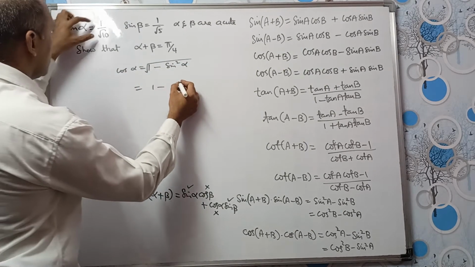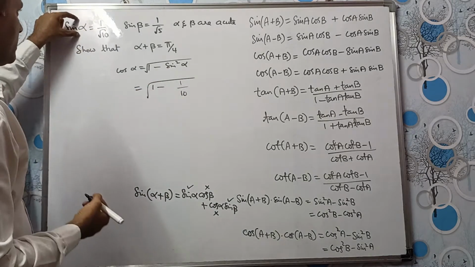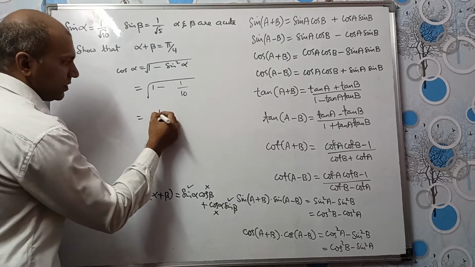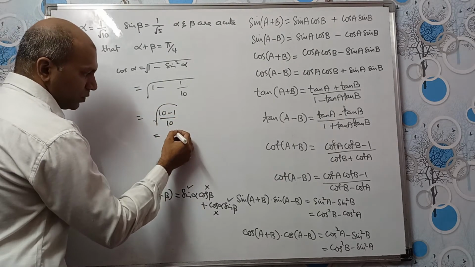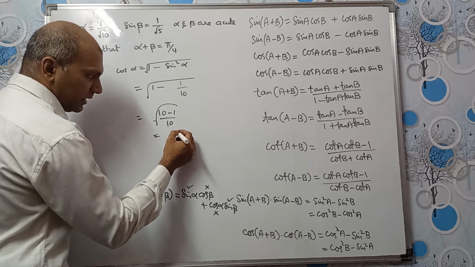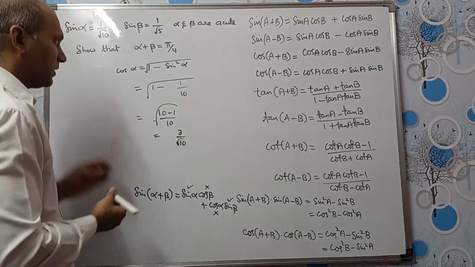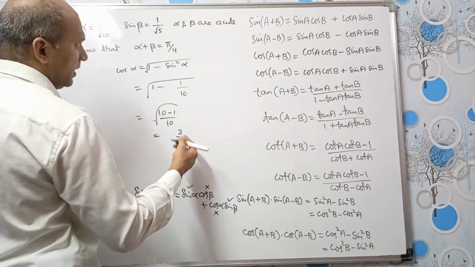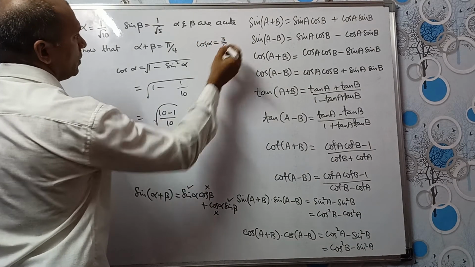So 1 minus 1 by 10. Sine square alpha, right? Sine square means 1 square, root 10 square is 10. So this will be 10 minus 1 by 10. It will be root 9 by 10. Root 9 is how much? It is equal to 3 divided by root 10 will come here. Okay. So cos alpha is 3 by root 10. So let us write here cos alpha is 3 by root 10.